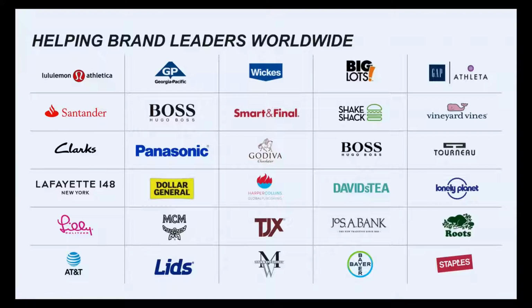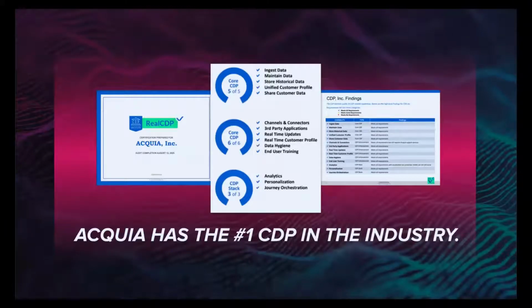And if you go to the next slide, one thing I want to point out when we get into the CDP is we have, like I said, a lot of different types of customers. We've also been in the space for quite a while. So Acquia, we have the #1 CDP in the industry. This little graphic here is from the Real CDP report, from the Customer Data Platform Institute. We have been audited and reviewed and found to have the most comprehensive CDP on the market in terms of capabilities and so forth.